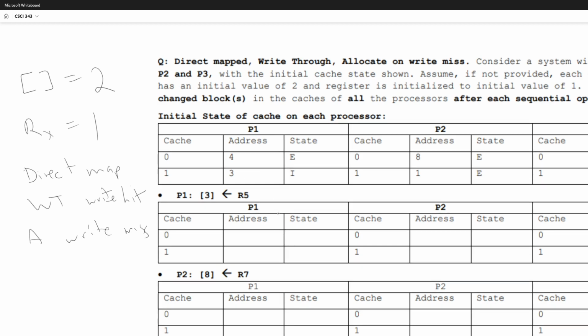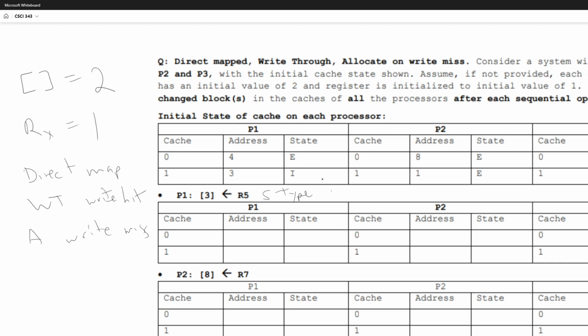First instruction, L type, right? No, my bad. That's an S type. Right? S type, yeah, because we're taking what's in the register and putting it into main memory. So that's S type.